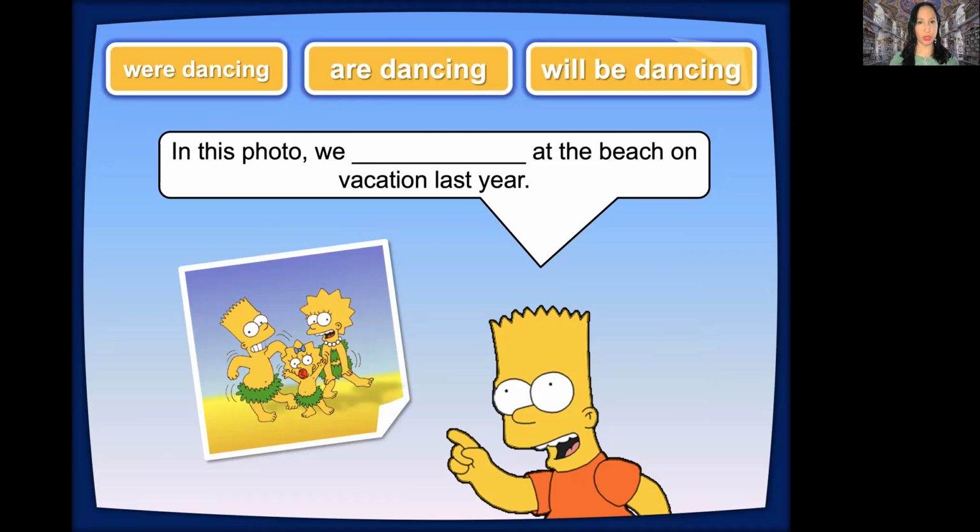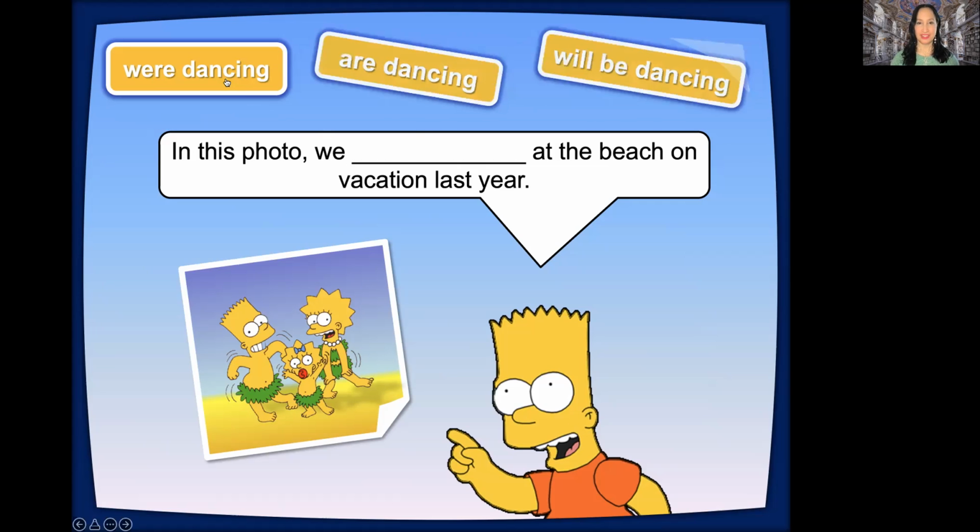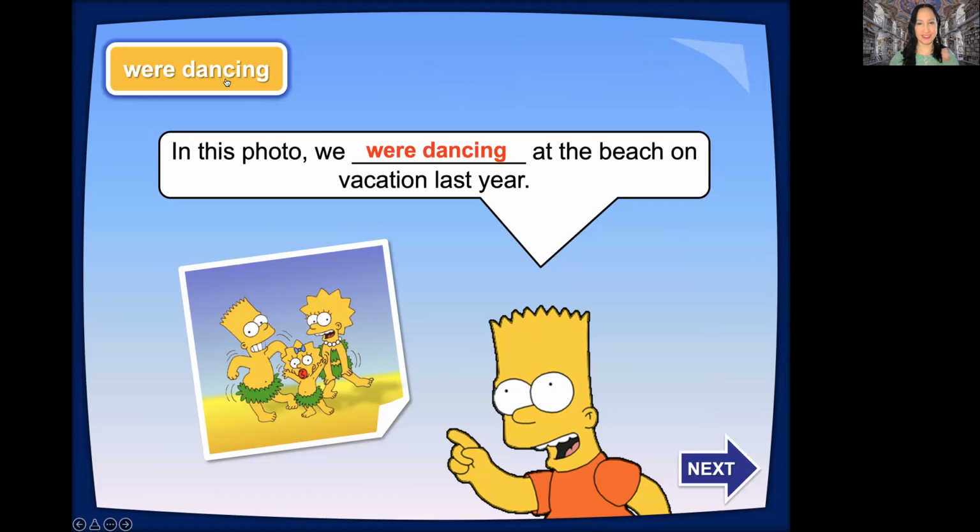In this photo, we are dancing at the beach on vacation last year. In this photo, we will be dancing at the beach on vacation last year. When did it happen? Last year, right? So did it happen in the past, present, or future? Woohoo! You're doing great.